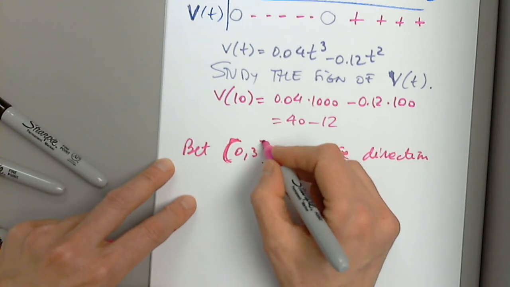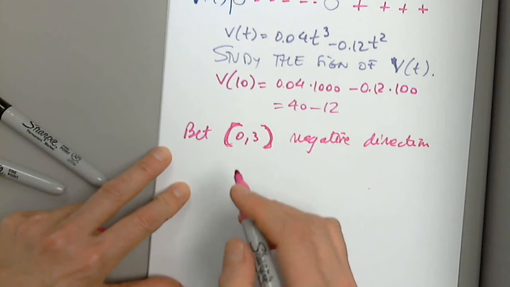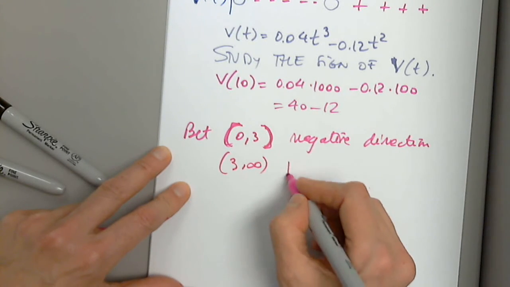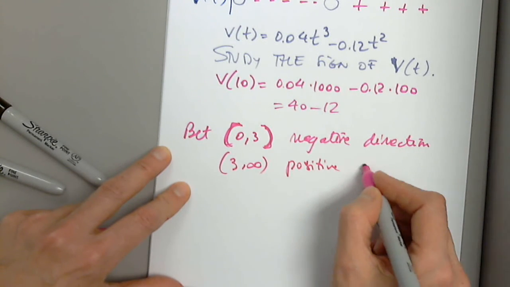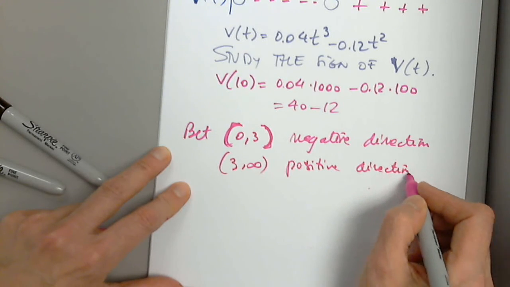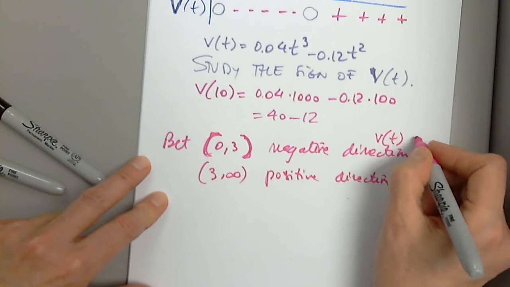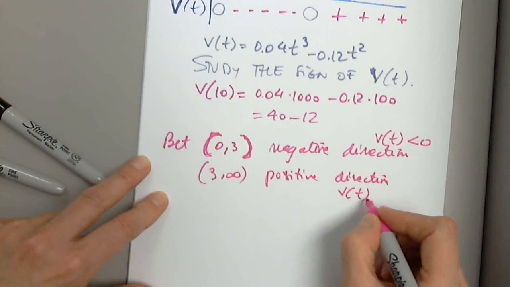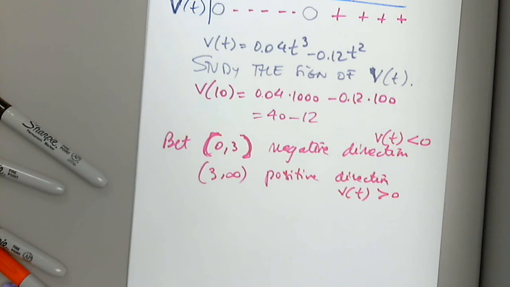We can just put a parentheses, it's fine too, it's a trend. And between 3 and infinity, always positive direction. Here because the velocity is negative, and here because the velocity is positive, which is the first derivative of the function.